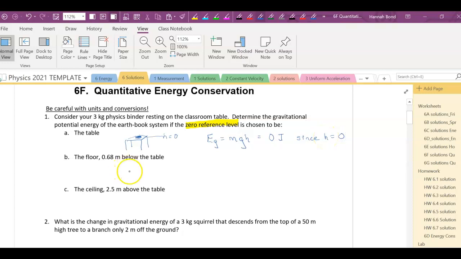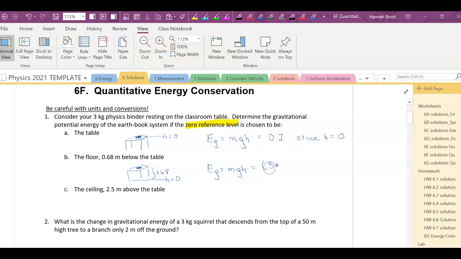What if then we said that the reference level, so it's exactly the same situation, the book is sitting on the table, but now we're saying that the floor is where height is 0. And so the book is sitting on the table, which is 0.68 meters above the floor. So the gravitational potential energy would be its mass times g times that height.